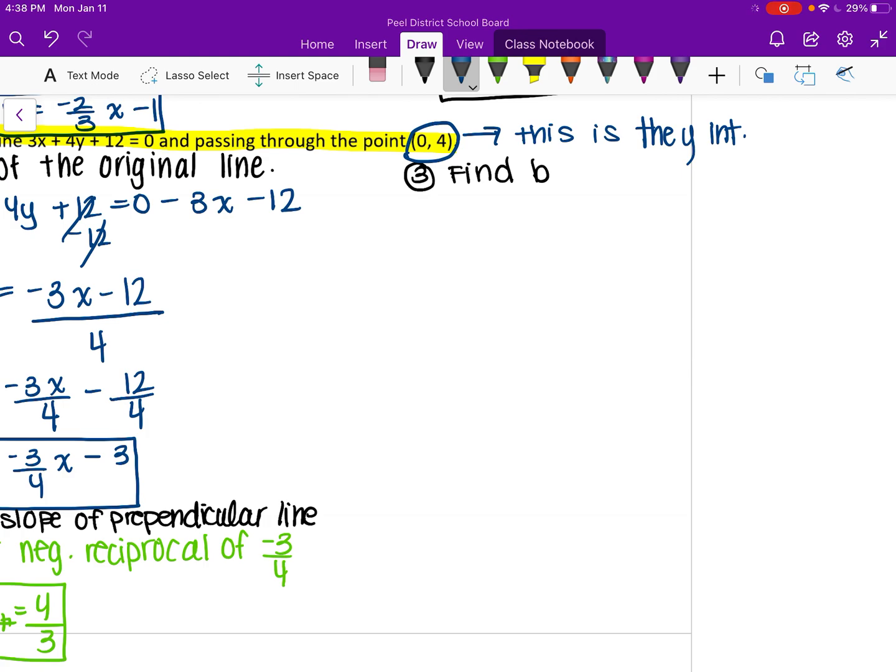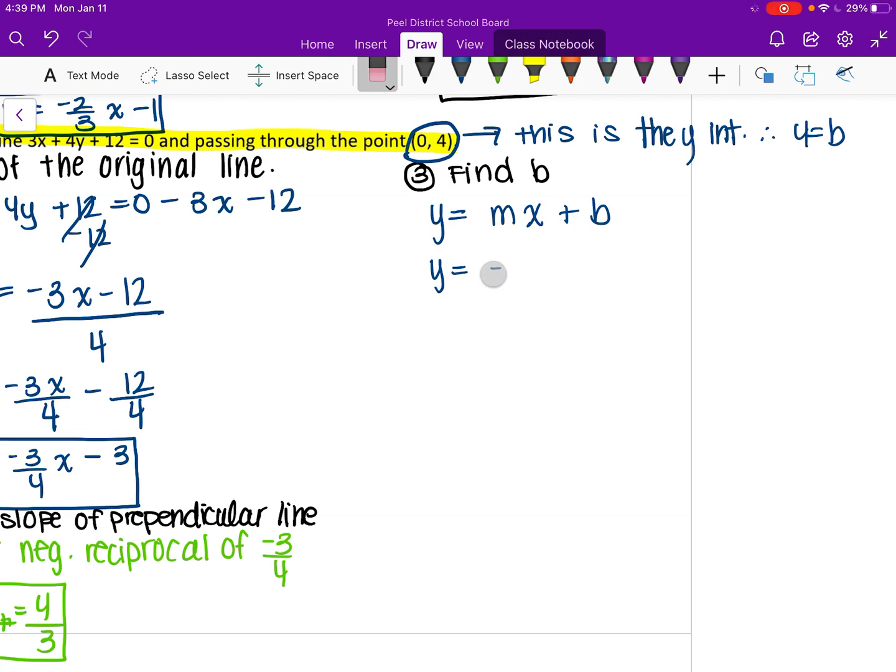Right? So I can just say y equals mx plus b.